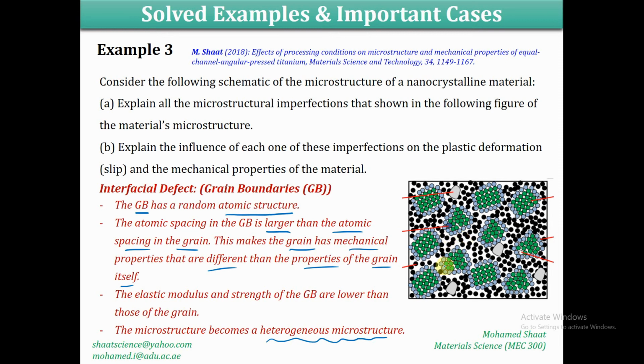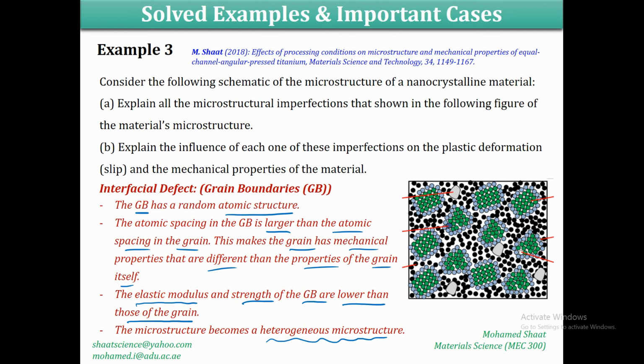So also, we are expecting that the elastic modulus and the strengths of the grain boundary are lower than those of the grain. Why? Because the spacing between the atoms that form the grain boundary is bigger than the distance between atoms that form the grain. So what does this mean? This is mainly because of the bonding.